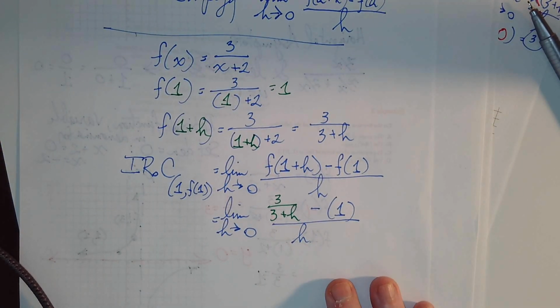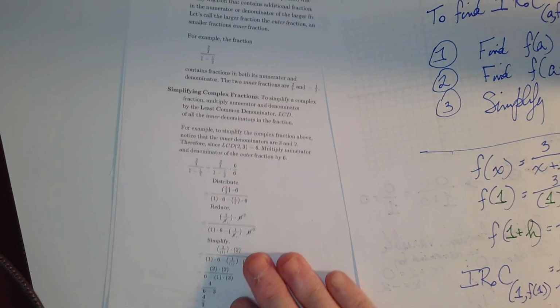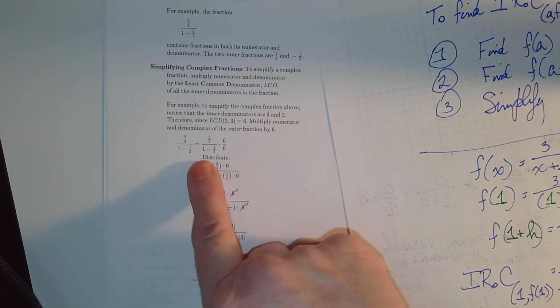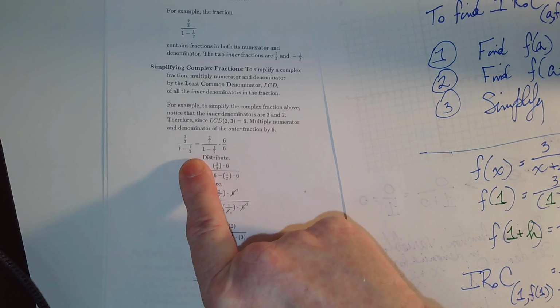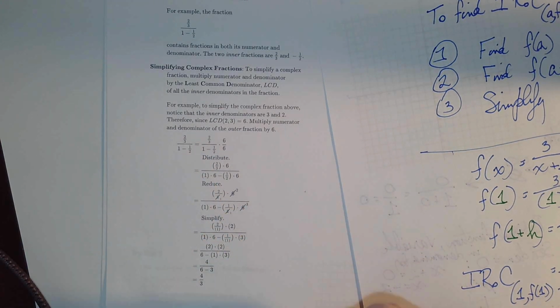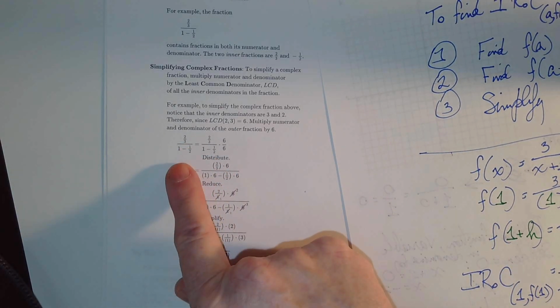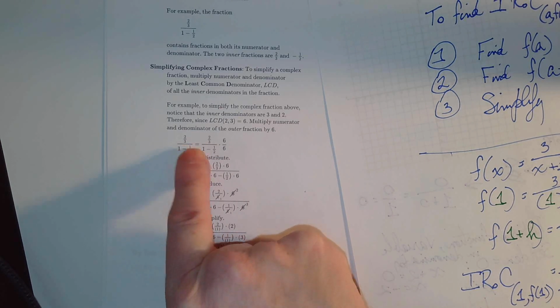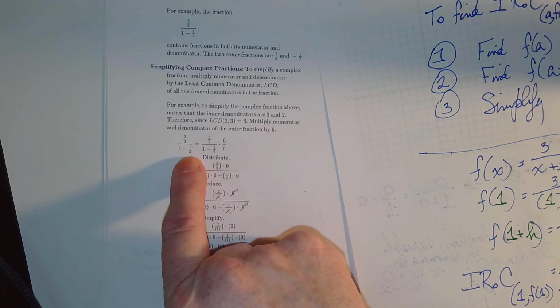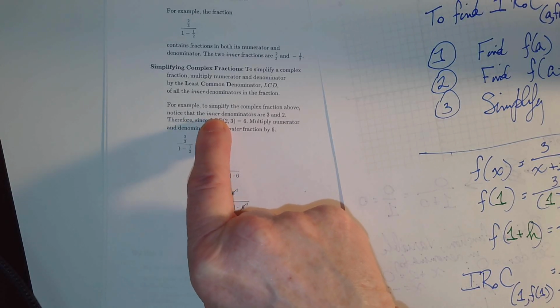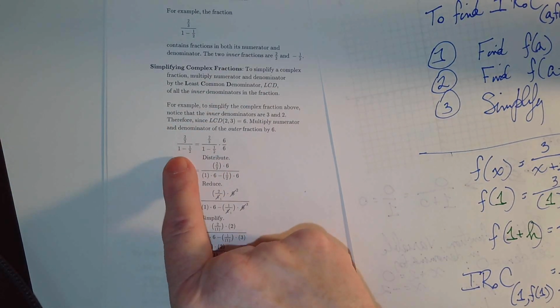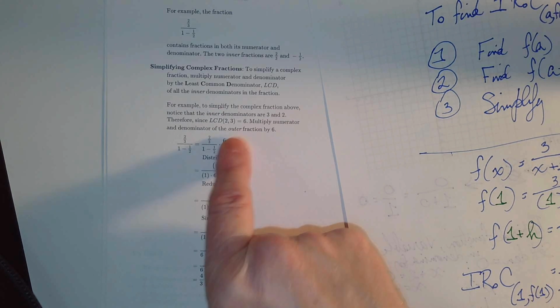And now we're going to use the information that I put in the review, that if we have a complex fraction, it's also called a compound fraction, both words are correct. That means a fraction inside a fraction, and we're calling the smaller fractions the inner fractions, and we're calling the big fraction the outer fraction.